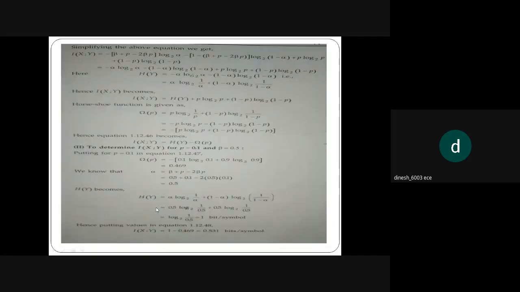So this would be your basic equation for determining the mutual information. Afterwards we need to simplify this. Let's simplify. Simplification is a procedure which you all are much more familiar with than even me, I think.